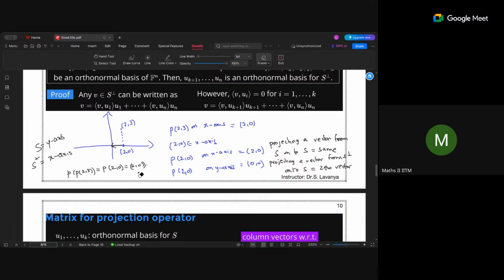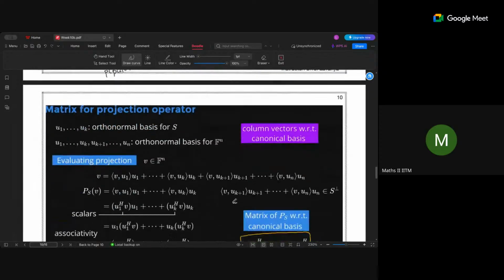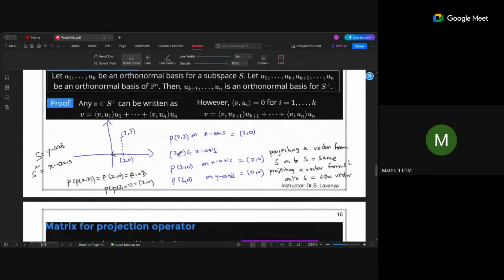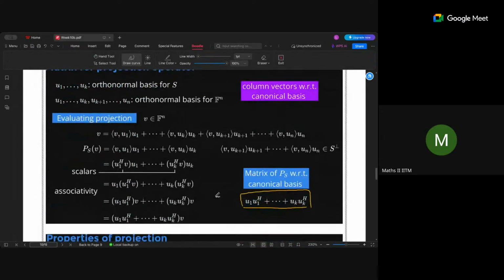So in general, for (2, 0), what is P of (2, 0)? It is (2, 0). So there is some relation between P squared and P, which we will also see. These are some observations which I wanted to make before moving on.